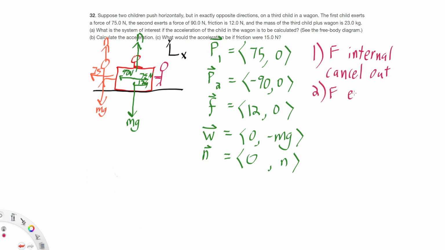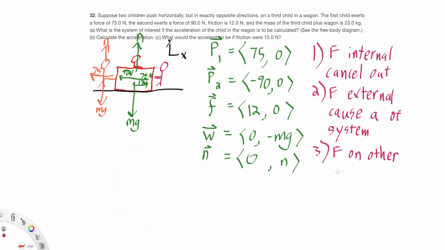Forces that are external cause acceleration of our system. And forces on other objects, in this case the orange fellow and the pink fellow, don't matter.